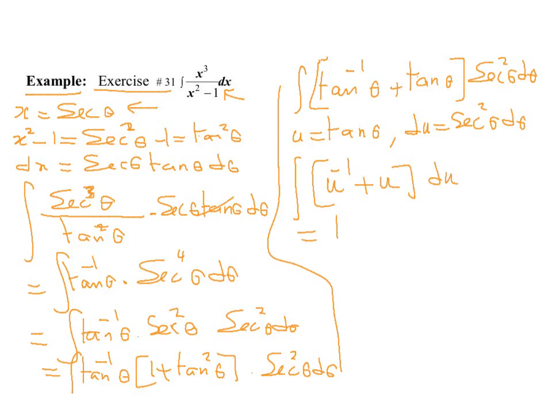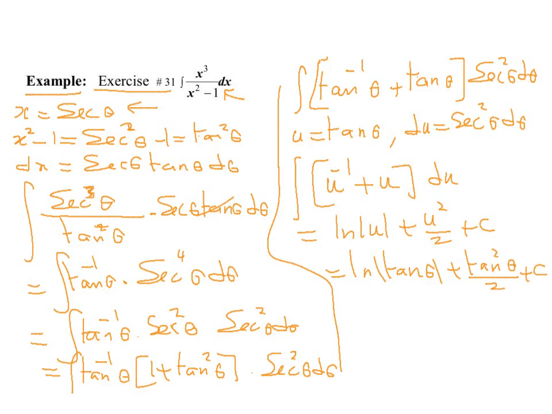The integration is ln u plus u squared divided by 2 plus constant. Now we replace u by tan theta plus u squared, which is tan squared theta, divided by 2 plus c.